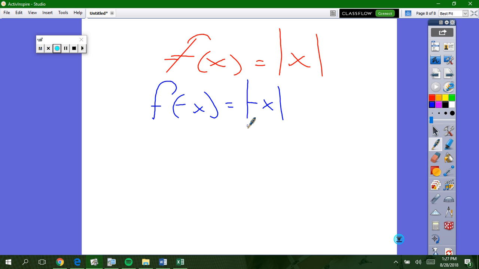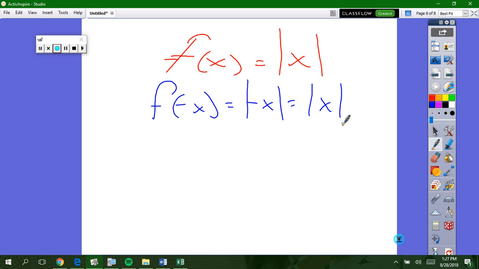What's the absolute value of negative x? It's still equivalent to just the absolute value of x. It's the same idea, right? Kind of like absolute value of 4 and absolute value of negative 4, still 4, right? In the end, they have the same distances, correct?